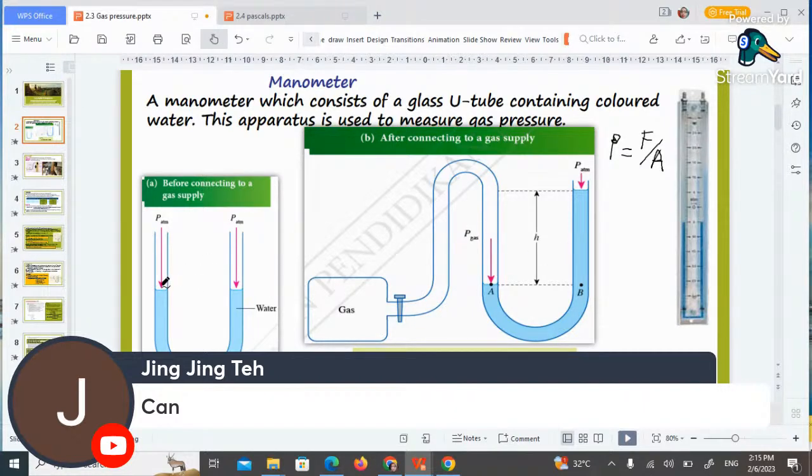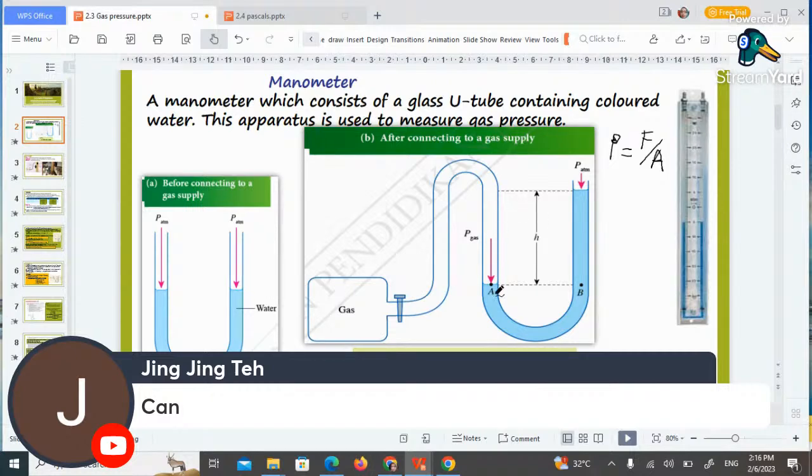Initially the levels are the same because the same pressure acts, which is atmospheric pressure. Once the gas is released, it exerts extra pressure that causes level A to go down and level B to go up. You can see the difference in level is H. So what is the pressure of the gas?